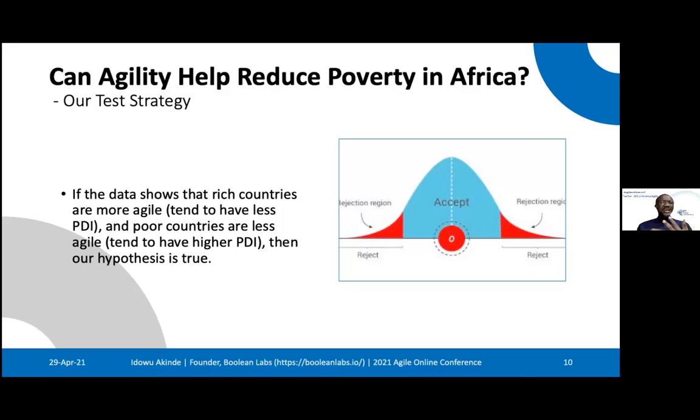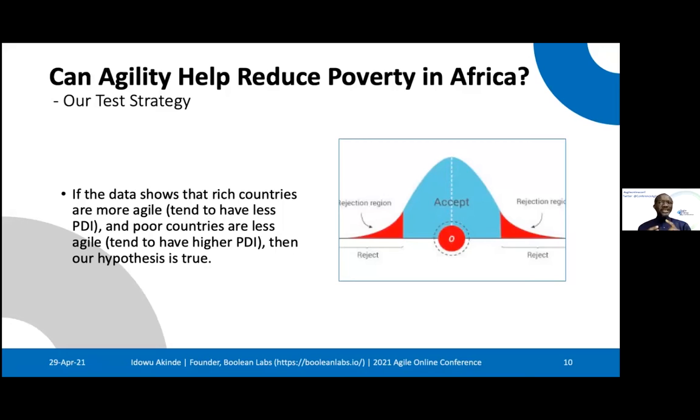And two, they have lower power distance indices. They have lower PDIs, okay? And conversely, is there also data that demonstrates, by deductive logic, that poor countries have higher PDIs?